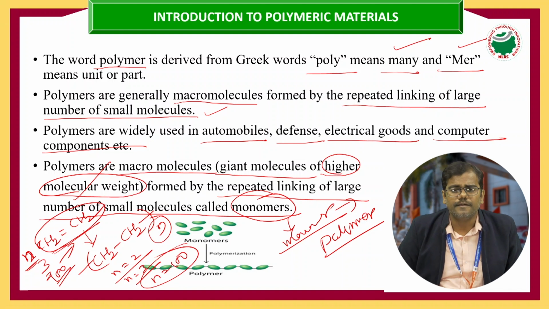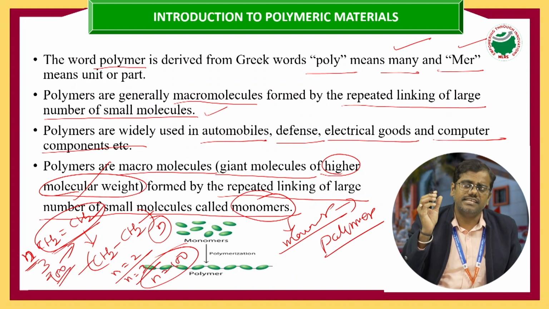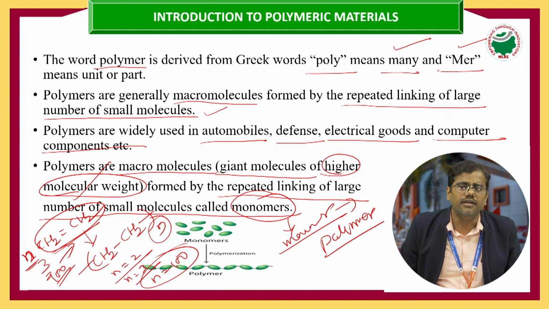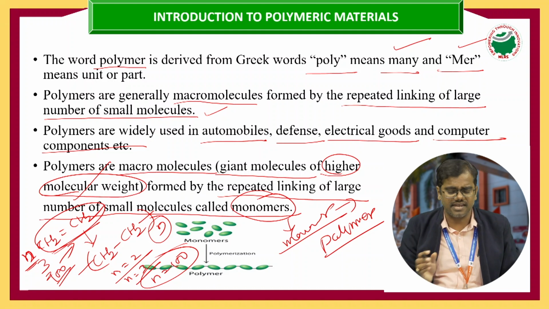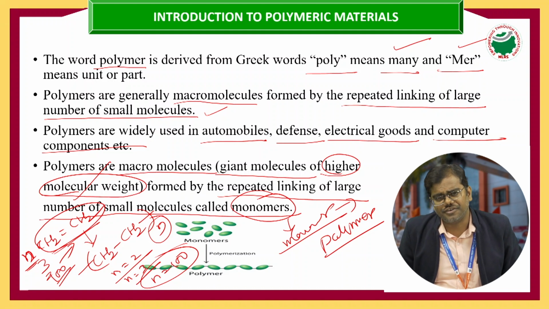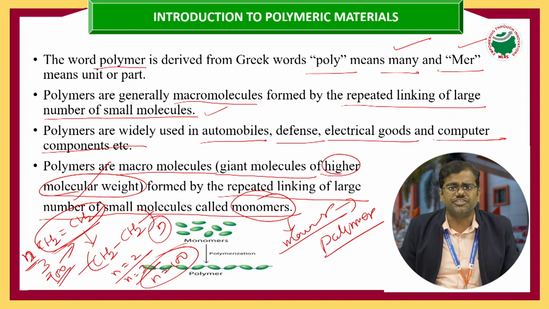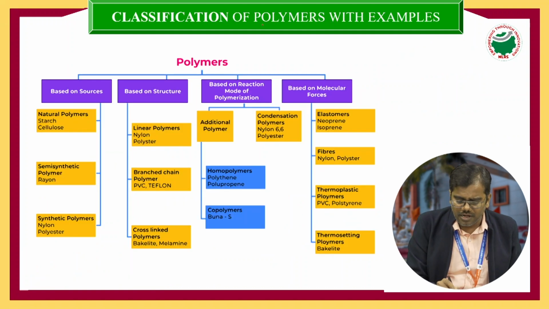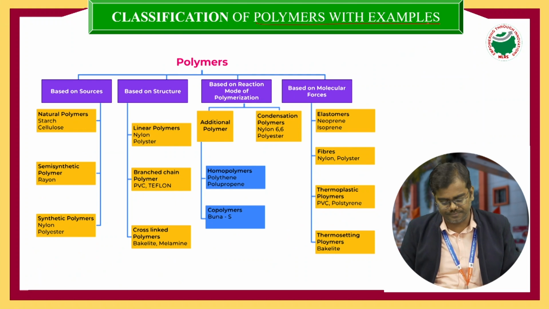So the degree of polymerization completely depends upon the concentration, or number of moles, of monomers. That is the concept of degree of polymerization. Based on the degree of polymerization, we can also classify polymers in different categories. So let's discuss the classification of polymers with examples.